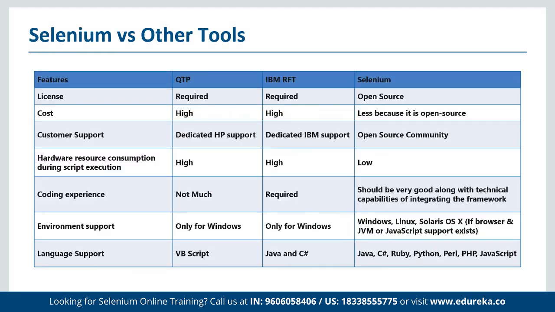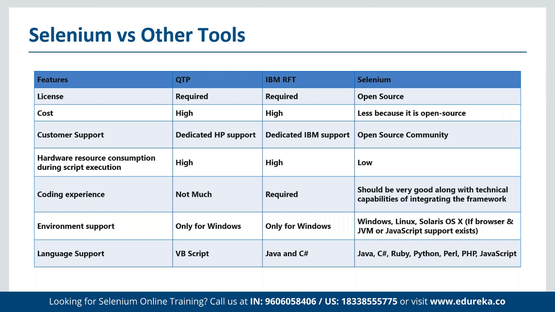So we'll get a little idea of where Selenium is good, where it is not good as compared to IBM RFT and QTP, which are the competitors in the market. These are the competitors that we have in the market for Selenium. So first thing comes the license part.